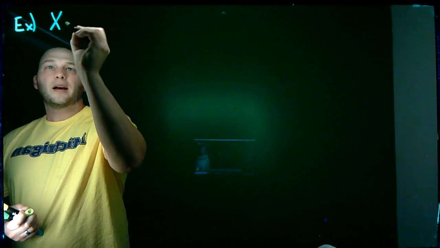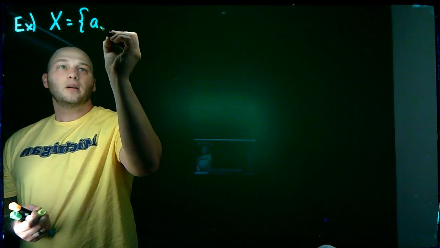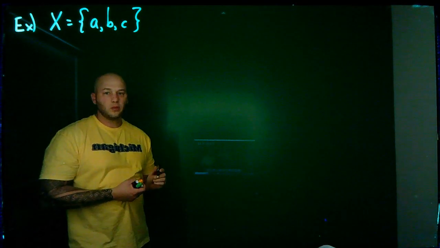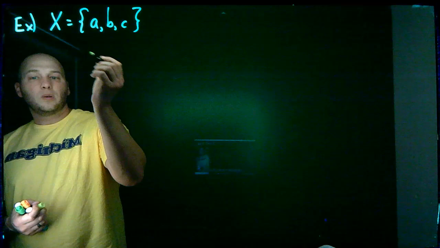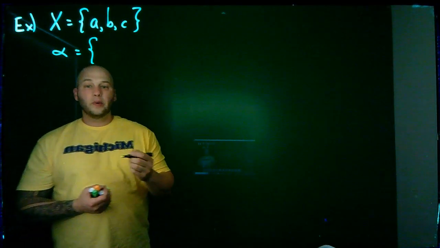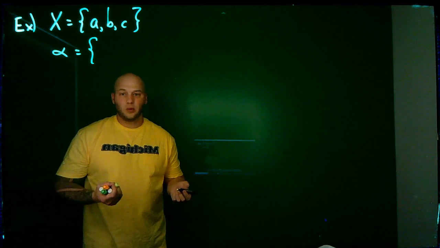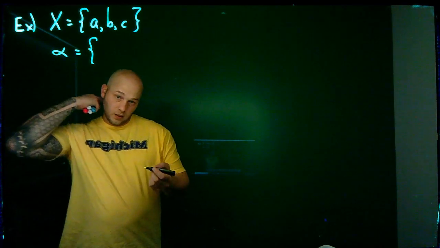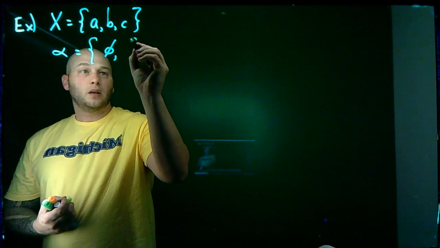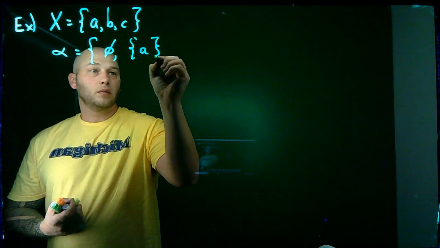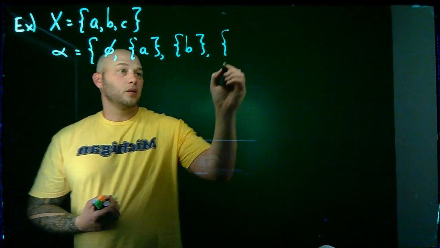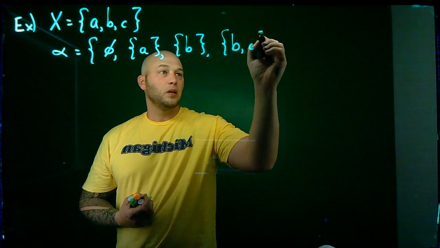Let's say the set X consists of A, B, and C. Now, I'm going to use Greek letter alpha here, and alpha is going to be the following collection of subsets of X. It's going to consist of the empty set, the singleton A, the singleton B, and the set consisting of BC.